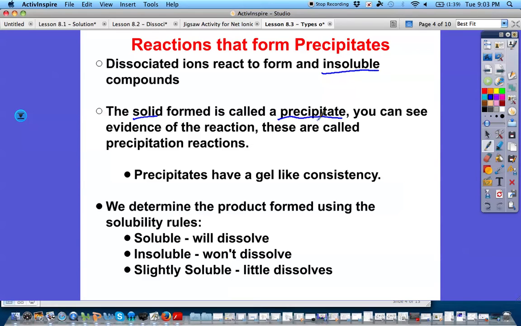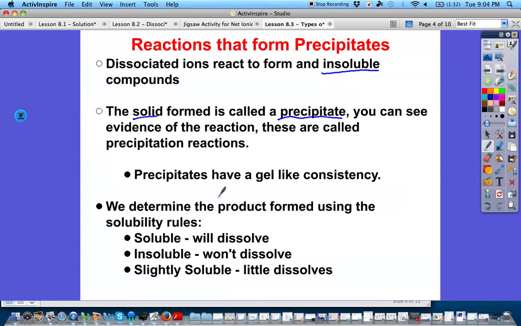These are called precipitation reactions because they produce a precipitate. Now, we label them as a solid, but precipitates actually have a gel-like consistency. And the reason being for that is there's still some water attached to it. We can dry it out and it would be more of a solid that you are used to.